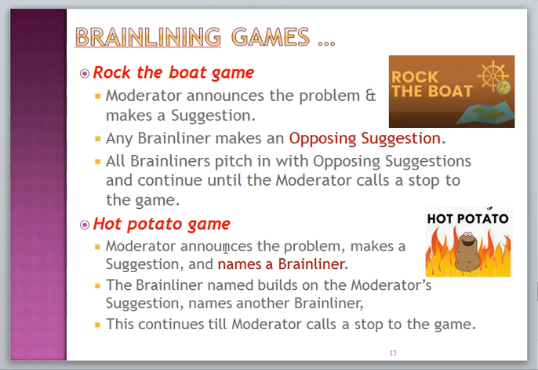He or she names the one that talks and gives ideas after him or her. So let's read this. The moderator announces the problem, makes a suggestion, and names a brainliner, the one that comes first. The brainliner named builds on the moderator's suggestion and names another brainliner. This continues until the moderator calls a stop to the game.